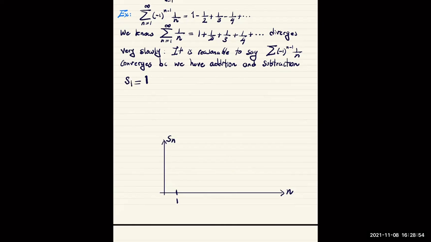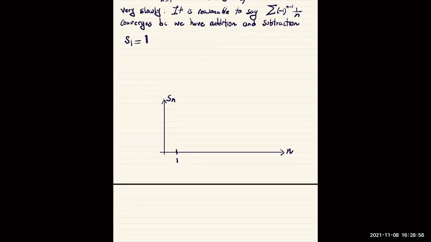S sub 1 is the first term of the series. Let's say 1 is here. So S1 is plotted right there. Okay, S1 is 1.